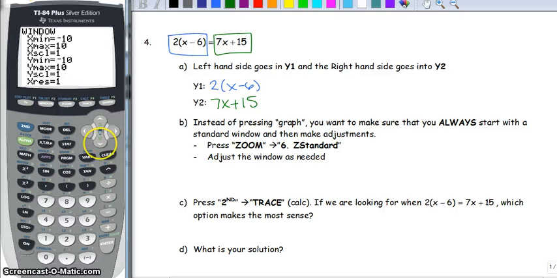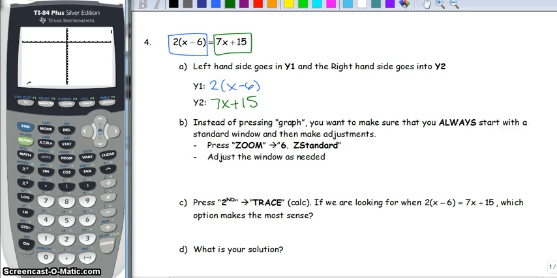If I want to move it down, I'm going to change my y min, because remember, x min moves it left, x max is right, y min is down, y max is up. So I'm just going to double that to negative 20, kind of guess and check here. And I still am not quite there yet, so I'm going to go back to window. I'm going to change that negative 20 to a negative 30.